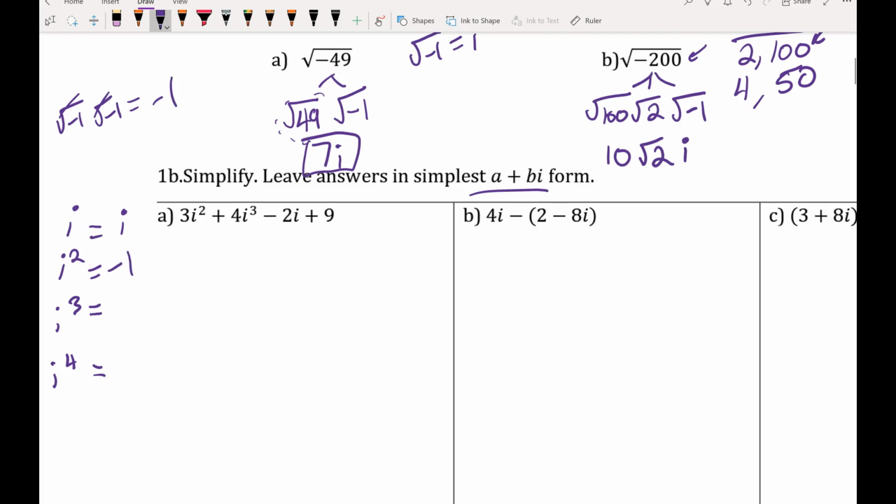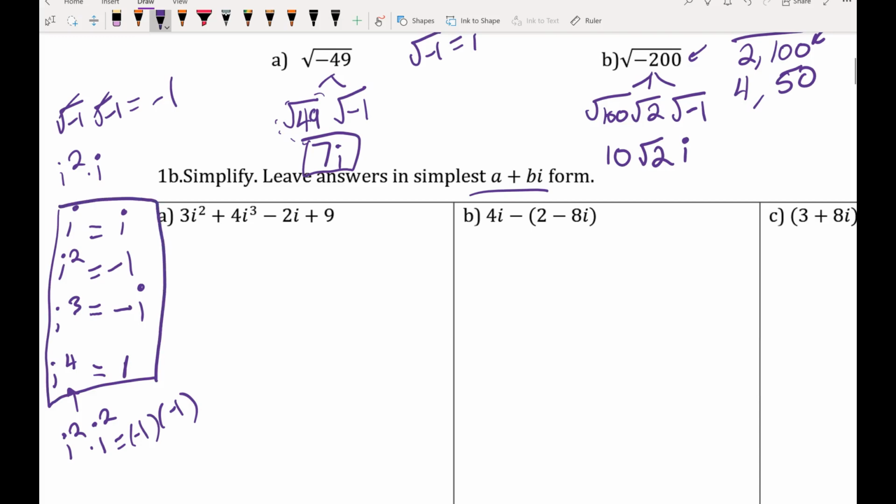Now i cubed is just i squared times i, so we could rewrite that as negative i. And then i to the 4th is i squared times i squared, which is negative 1 times negative 1, or positive 1. These are the only 4 forms of i you're going to need to know, because after this, if you look at something like i to the 5th, that just turns into i again, and then the pattern repeats: i, negative 1, negative i.